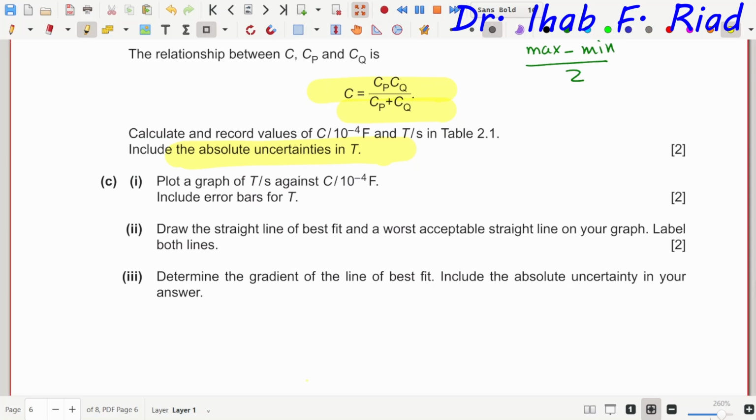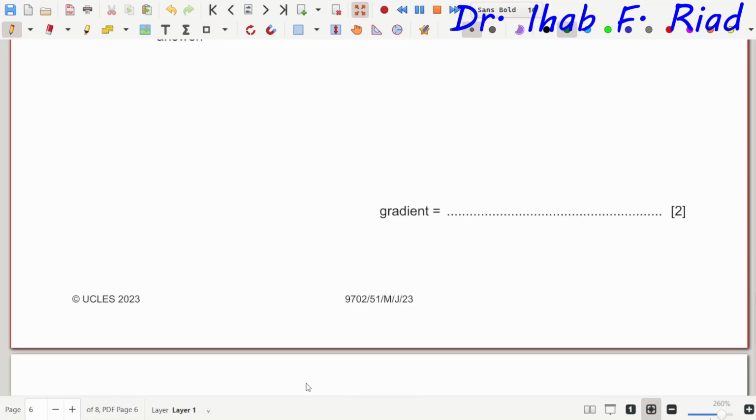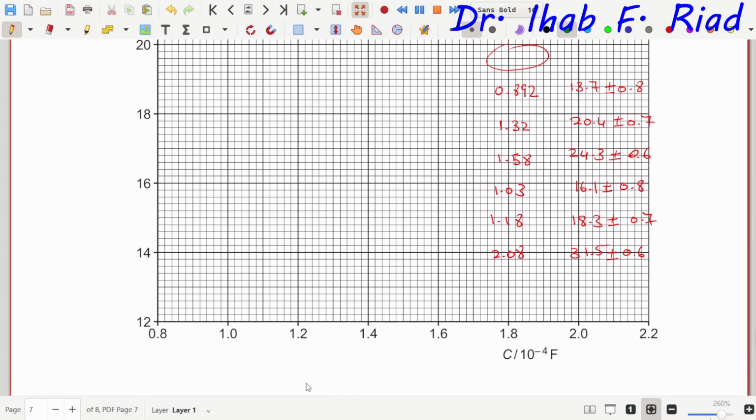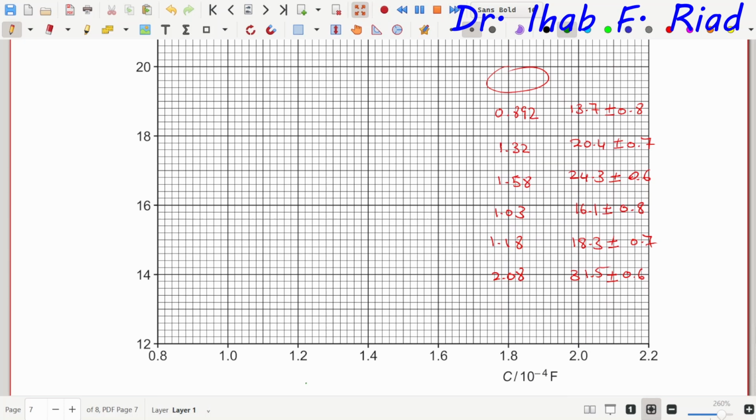He is telling us to plot a graph of T against C, 10 to the power minus 4, and include error bars in T. So we are going to have error bars on the y-axis. Okay, let us start with the first value. It is 0.82 and 13.7.